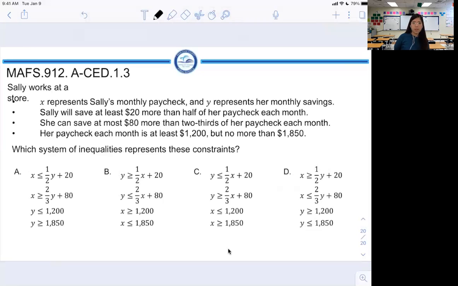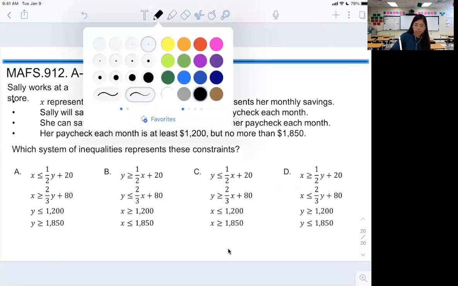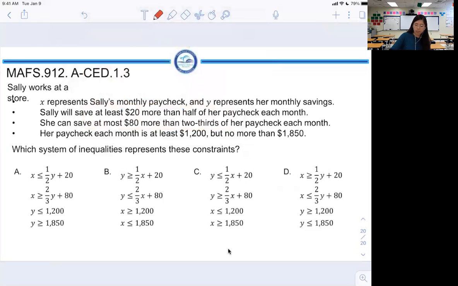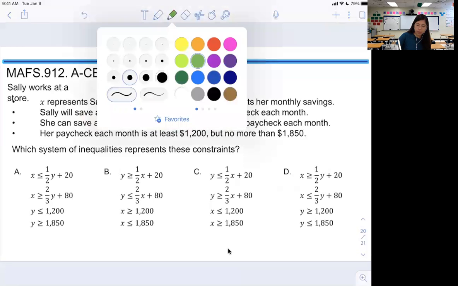Okay. I'm going to start with the last bullet point because that seems like the easiest one. So we know that her paycheck is at least 1,200. So the paycheck, by the way, let me highlight everything.